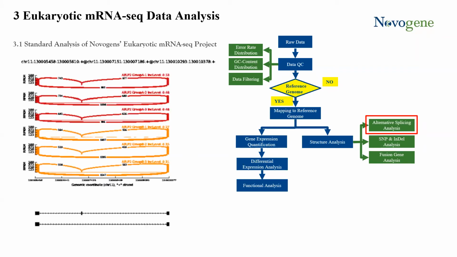So on the bottom of the sushi plot, you will find the possible RNA isoforms. As you can see in this example, the top isoform indicates an exon inclusion isoform, whereas the bottom one indicates an exon exclusion isoform. In this sushi plot, you can see on the top that we had 743 reads that spanned the end of the first exon and the beginning of the second exon.